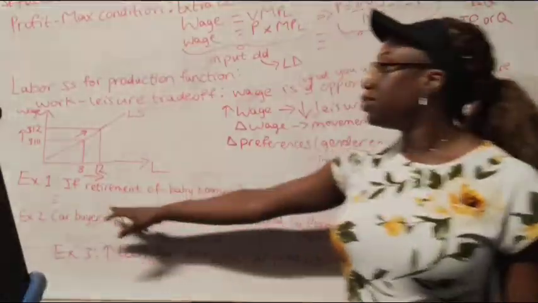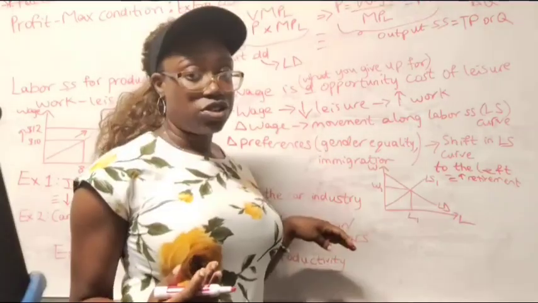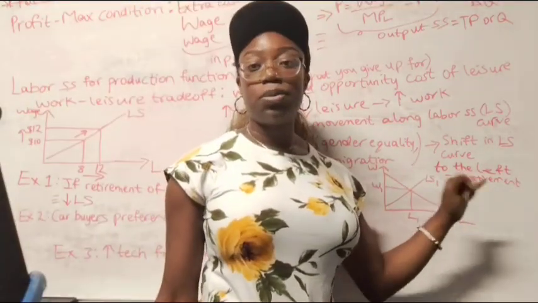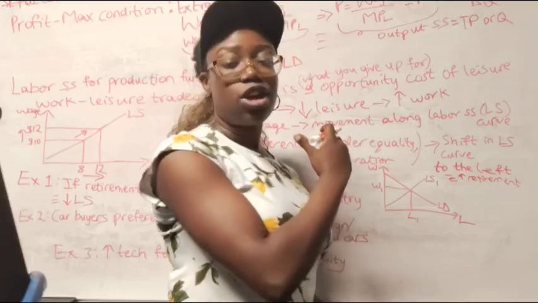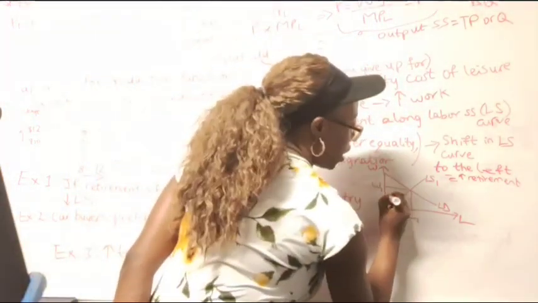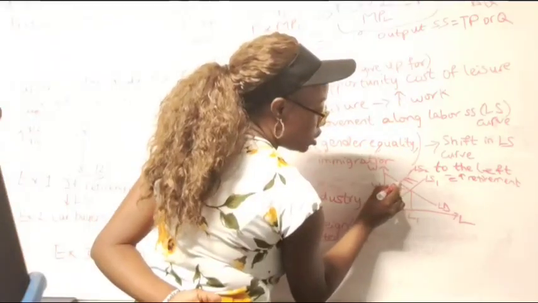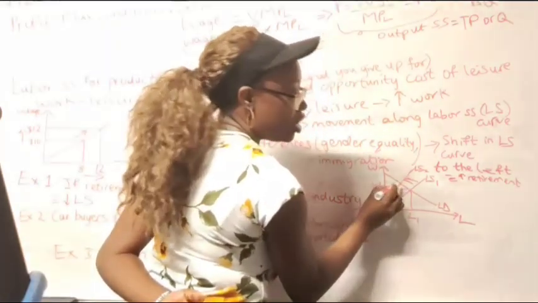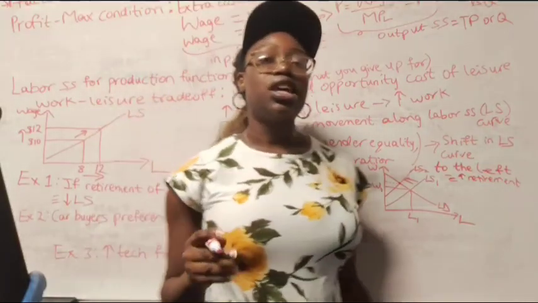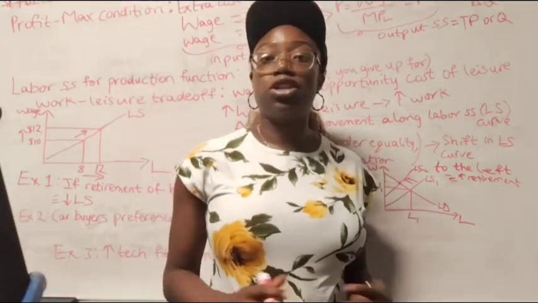So in this first example, increased retirement of older people means that there are fewer workers available in the car industry. And what that does is that it shifts your labor supply curve to the left, right? So remember, a reduction means that your labor supply curve is going to shift to the left. So you're going to have a new labor supply curve here. Let's call it LS2. So you see that at this new point, there is an increase in the wage, and that is because since we have fewer workers available to work in the car industry, that puts a lot of pressure on them.